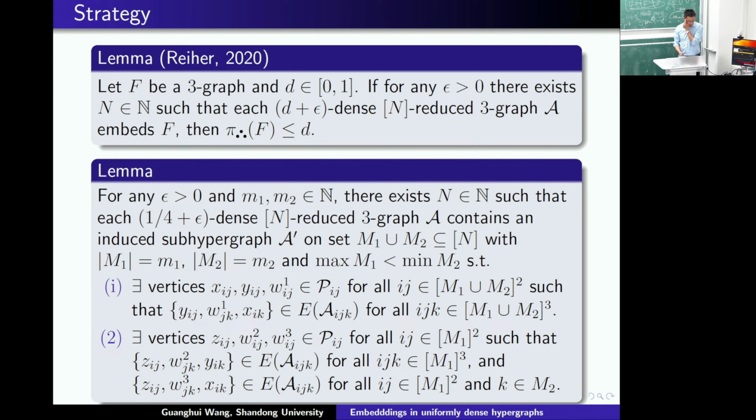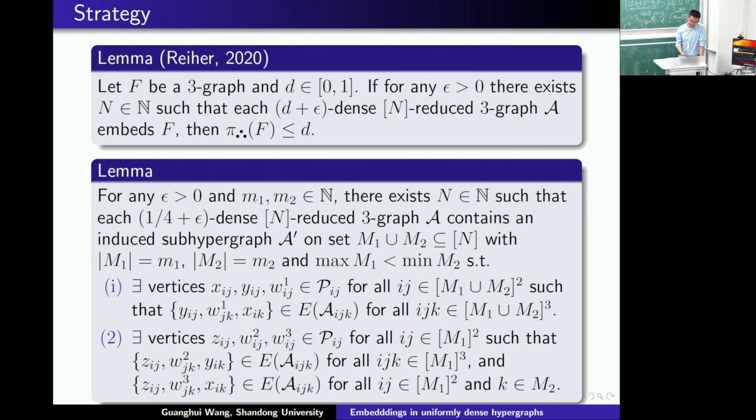So if we want to show the uniform Turán density of some F, we check the embedding process. If each (d plus epsilon)-dense reduced 3-graph can embed F, then we succeed.